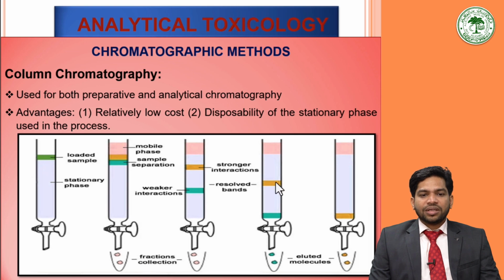In this way we can extract the different compounds by taking them down further, and likewise eluted molecules of different categories are extracted. So it is used for both the preparative phase and the analytical phase. In this way column chromatography works.